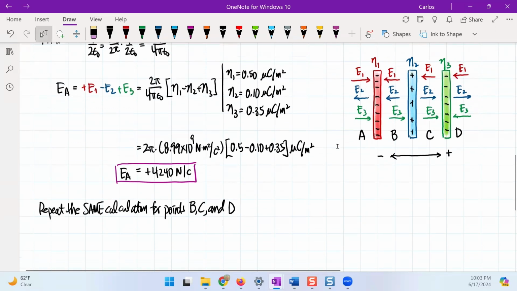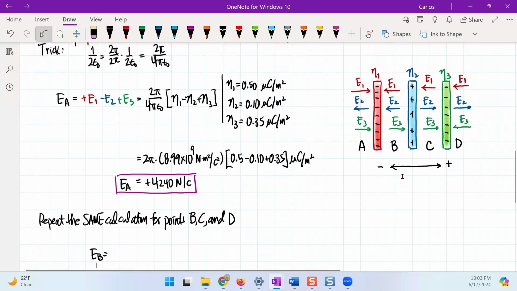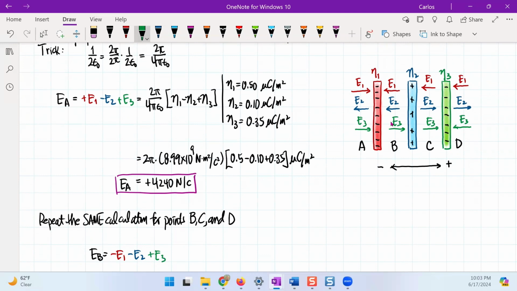So if I look at this, what is EB? You could see that the red is in the negative direction, so I'm going to write minus E1. The blue is in the negative direction, minus E2, and the green is in the positive direction.